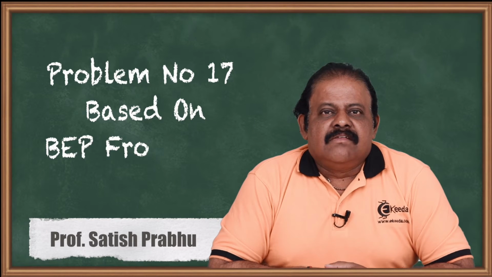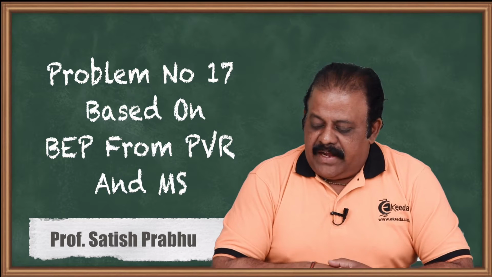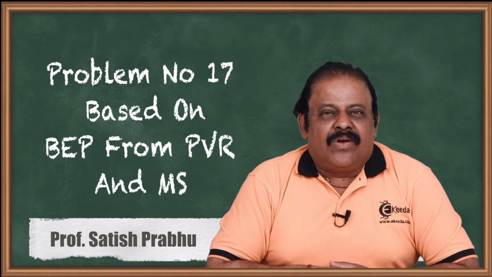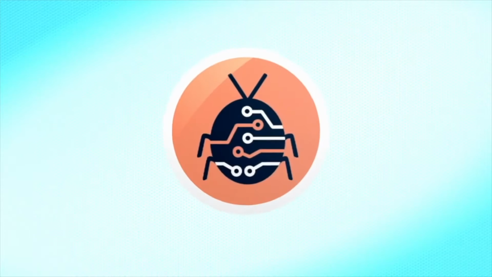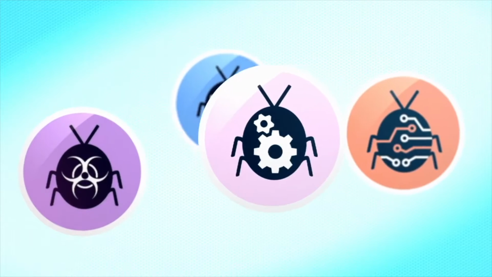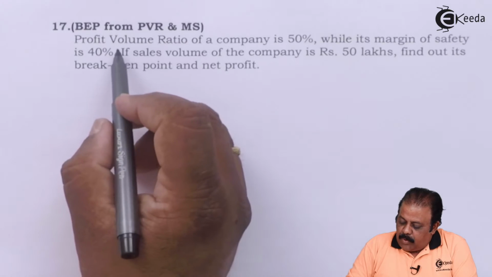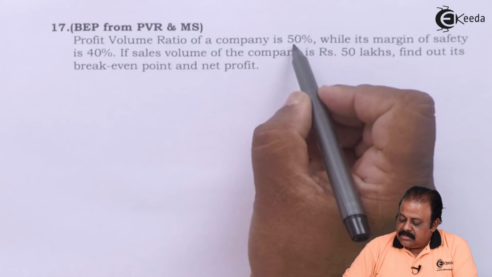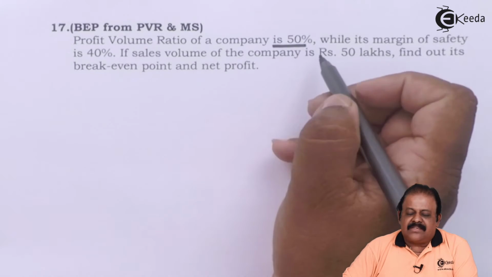Hello friends, today we'll be discussing one question of marginal costing where we are required to calculate break-even point based on PVR and margin of safety. Profit volume ratio of a company is 50%.